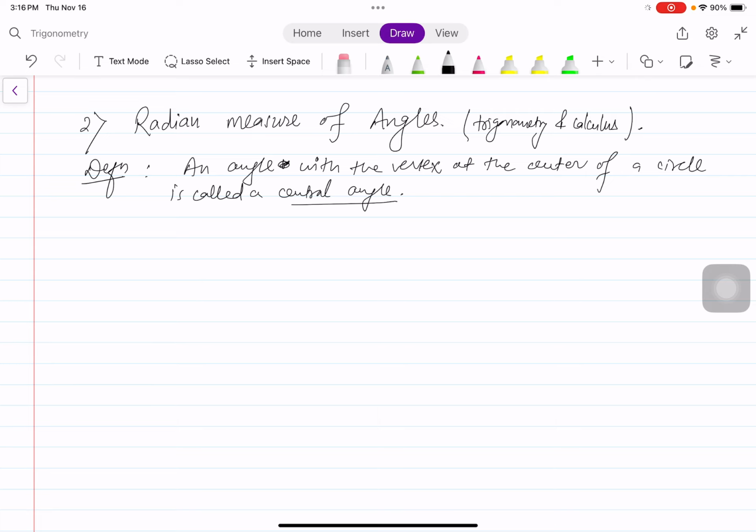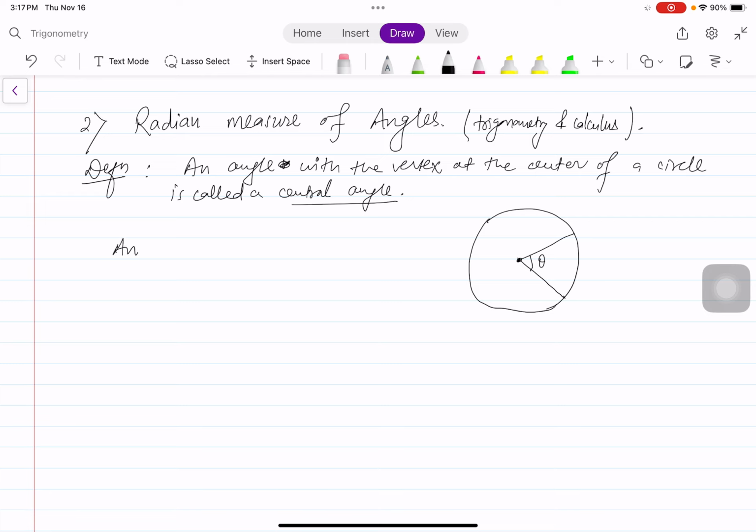So this is a definition of central angle, figuratively explaining any angle subtended at the center of the circle. So this theta is central angle here.